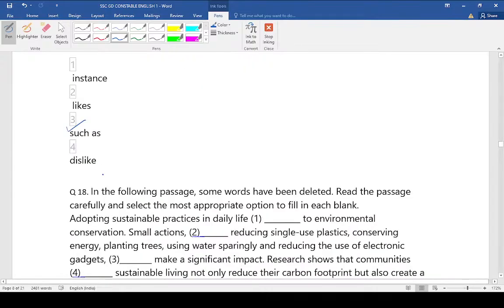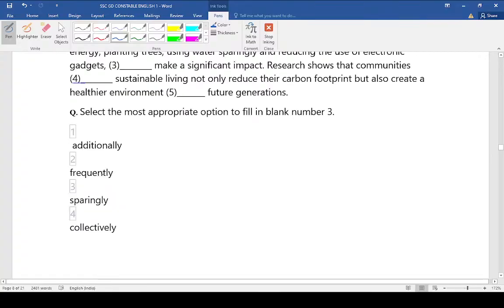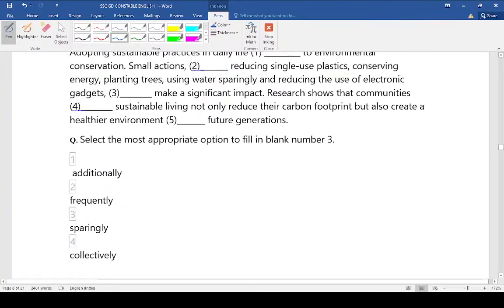Now the third one. Dash make a significant impact. Research shows that communities dash. Select the most appropriate option to fill in blank number 3.